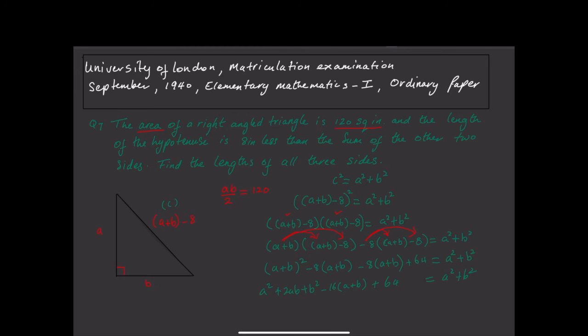So clearly A squared and B squared, they're going to cancel. So I'm going to be left with minus 16 times A plus B plus 2AB plus 64 is equal to 0.